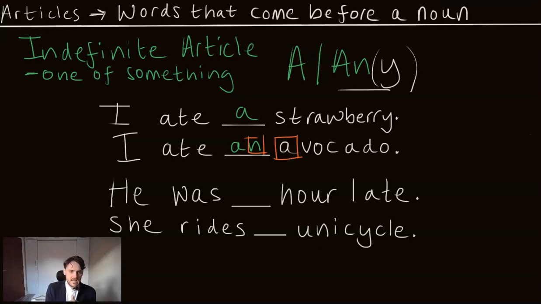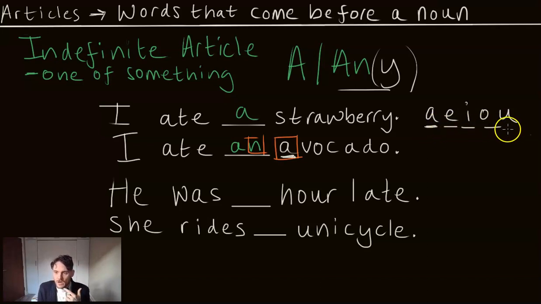It's a vowel sound. Vowels, as you know, are A, E, I, O, U. Now, yes, the letter is a vowel, but the important thing is that it's a vowel sound. It's a vowel sound. So a, e, o, u.